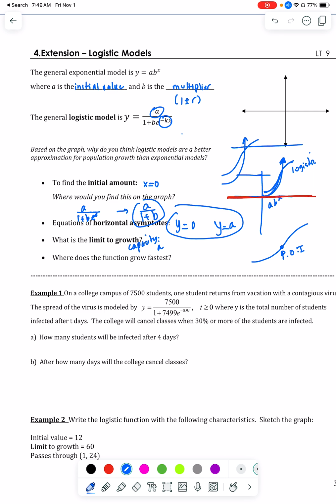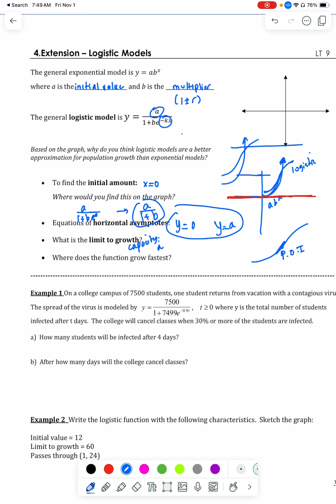So that's where the function grows the most. Maybe think of it in terms of slope. This is like the steepest possible slope, at the point of inflection, where that change occurs.